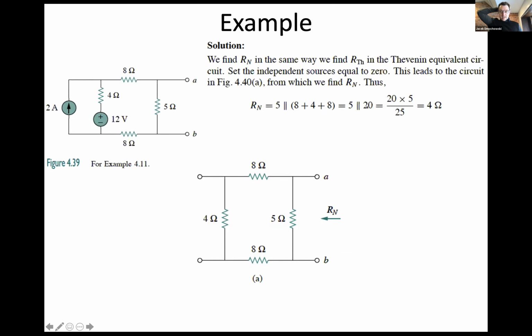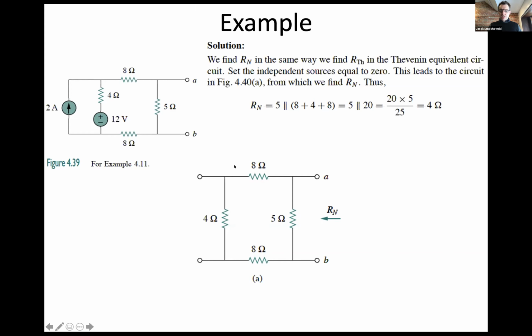So notice that the result of combining a 5 ohm resistor in parallel with a 20 is equal to 4. So the answer is always going to be less than the smaller of the two numbers. Many of you have probably already observed that the parallel combination is always less than the smaller of the two numbers, right?